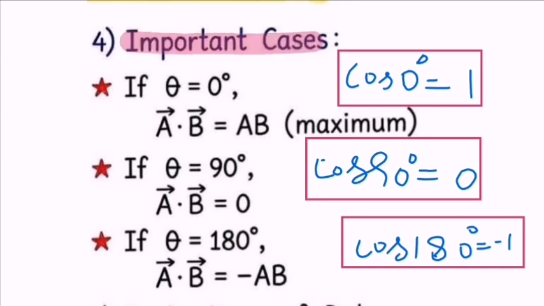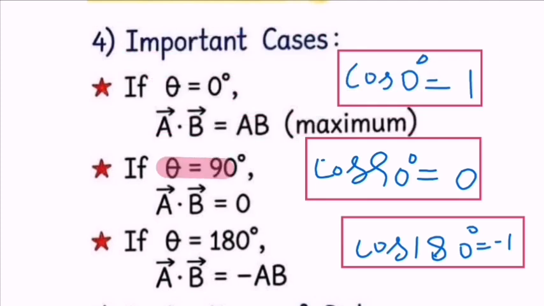Now important cases. If theta is equal to 0, meaning the angle is 0 between two vectors, then A dot B will be equal to magnitude of A multiplied by magnitude of B. In this case, product will be maximum because here cos theta is equal to 1.